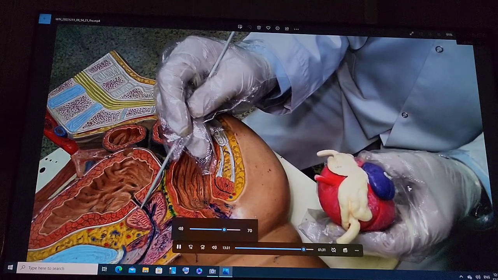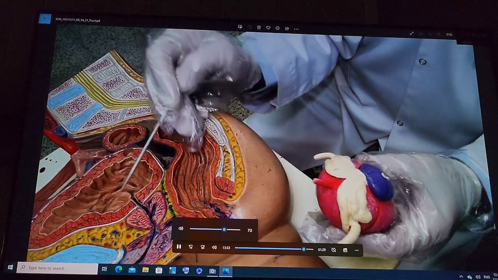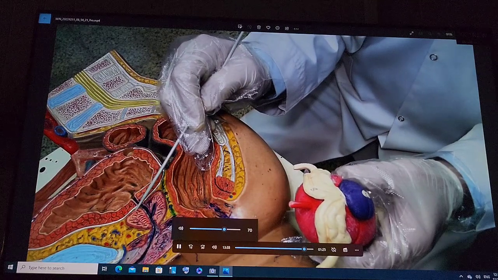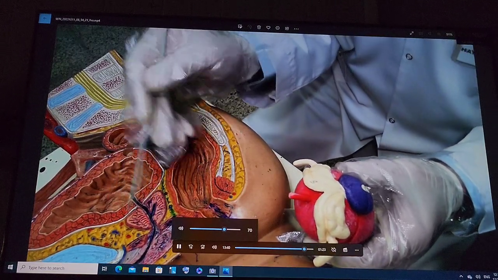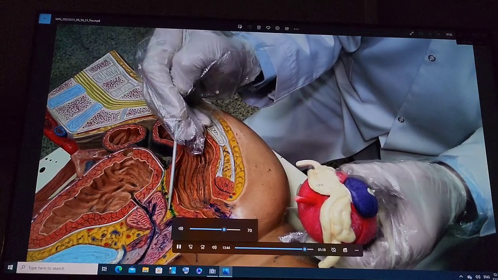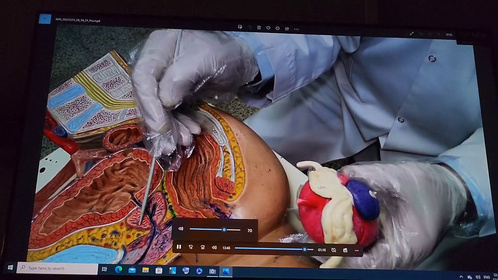The prostate gland can be simply divided into many lobes. These include two lateral lobes and a median lobe.